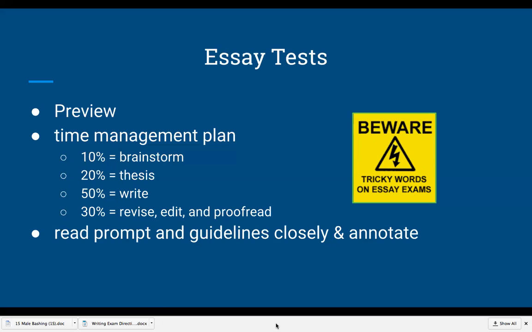Okay, so in preparation for the exam, we've sat down and we haven't started to write yet. What we're going to do is make a time management plan. If I have 60 minutes to write a response, 10% of that time, and that 50% should say 40% next to write. I really apologize. The math is wrong there. If I have 10% of my time to brainstorm, that means I have 6 minutes out of 60 minutes to come up with an idea, to write a loose outline and a plan for what I'm going to write.